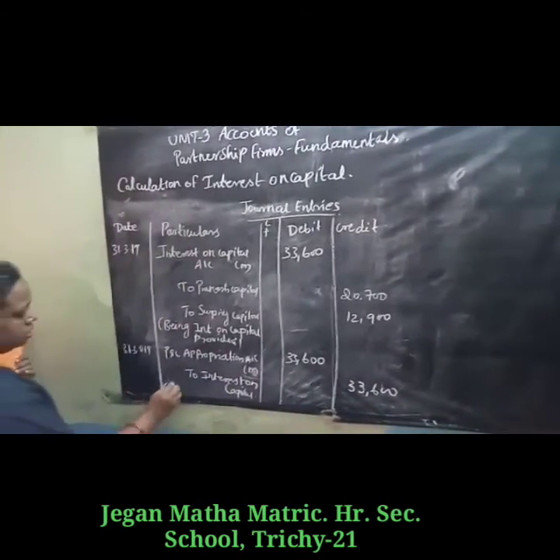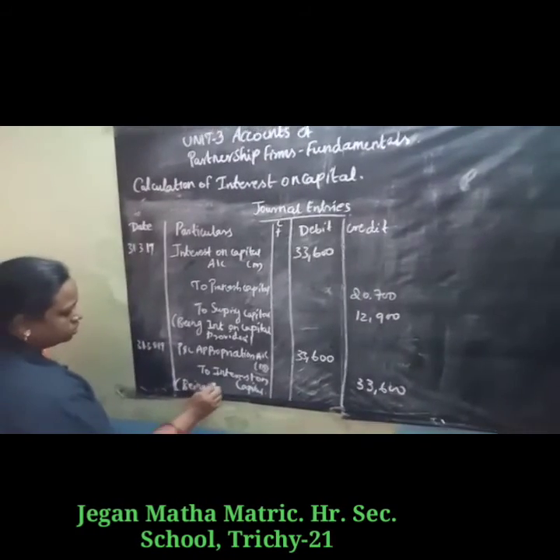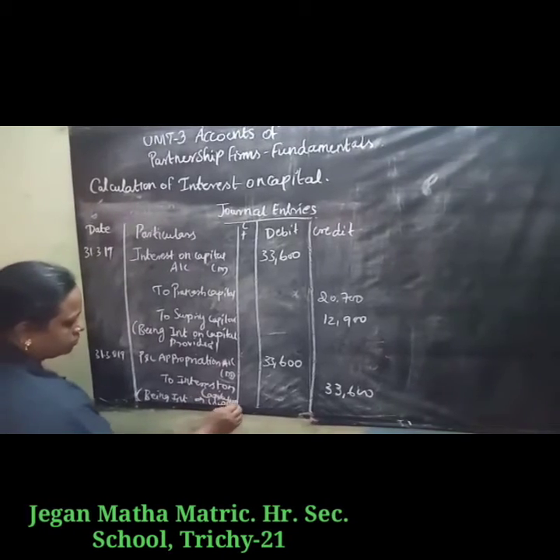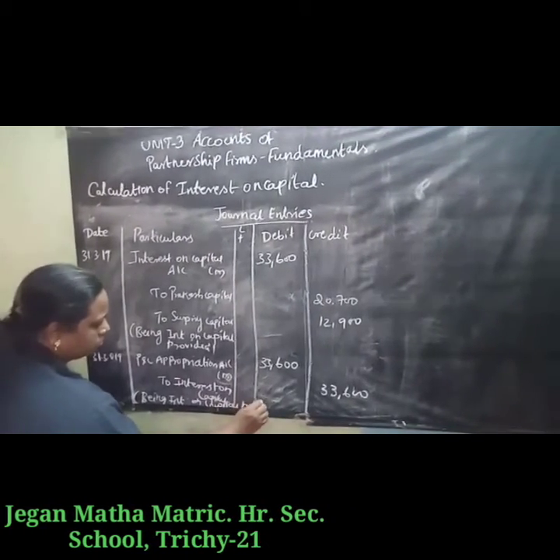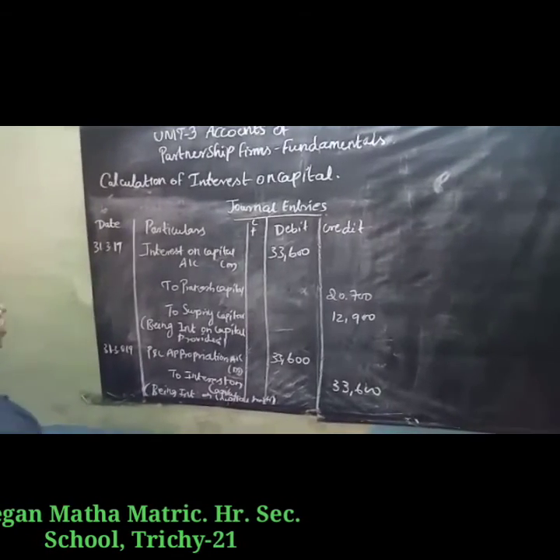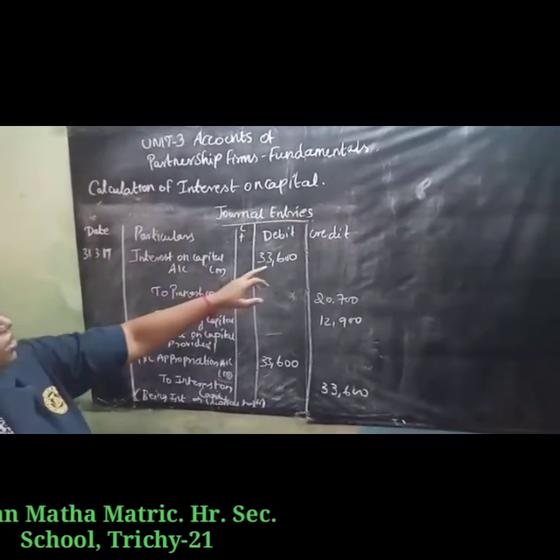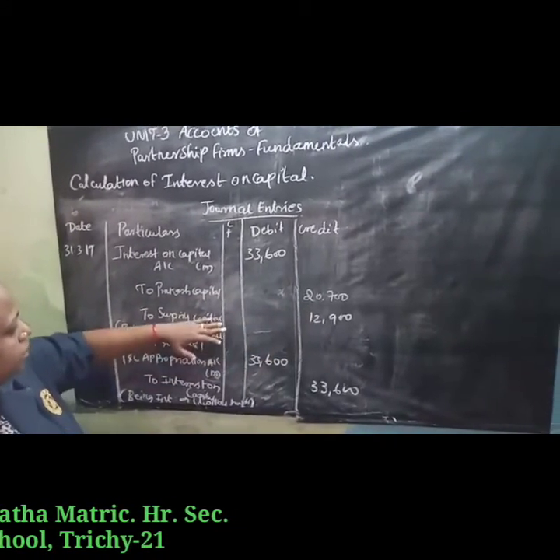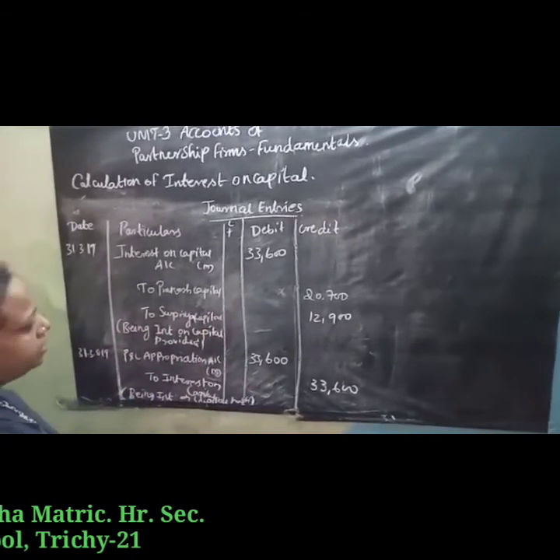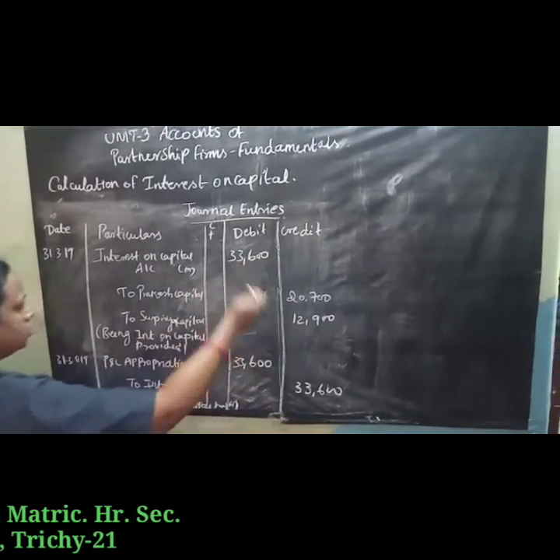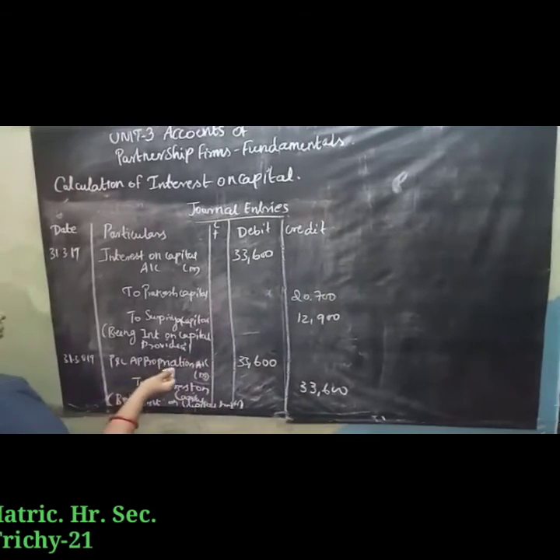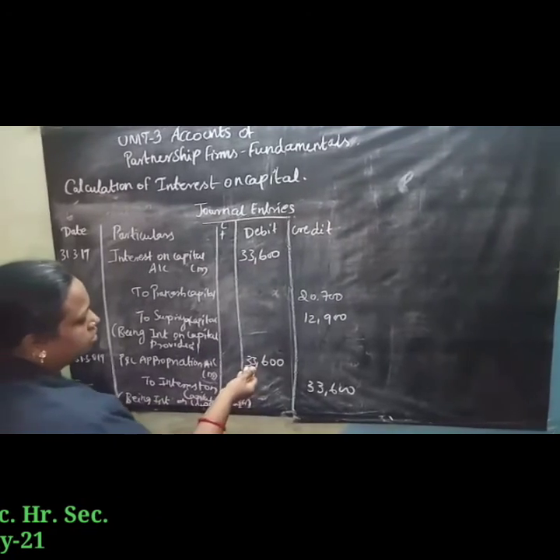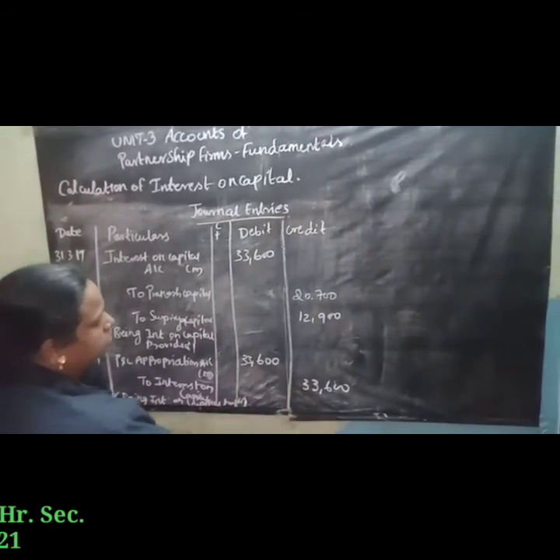Being interest on capital transferred. Okay. So for the journal entry, interest on capital account debit 33,600: Prakash capital 20,700, Supriya capital 12,900, so total 33,600. Then the transfer entry: profit and loss appropriation account debit to interest on capital. Being interest on capital transferred to profit and loss appropriation account 33,600.